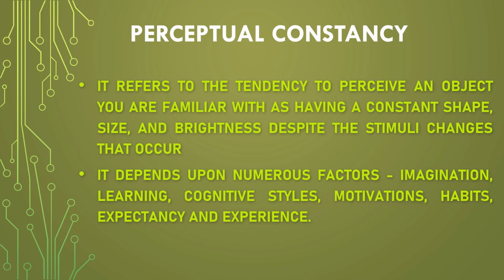But we do not get confused by this. We perceive them correctly according to their actual size. The concept of perceptual constancy depends upon numerous factors like imagination, learning, cognitive styles, motivations, habits, expectancy, and experience.